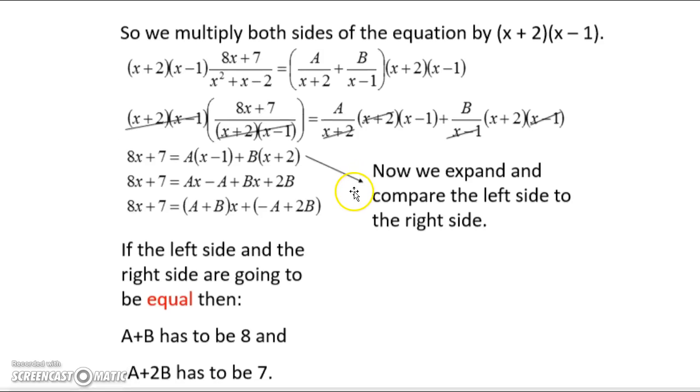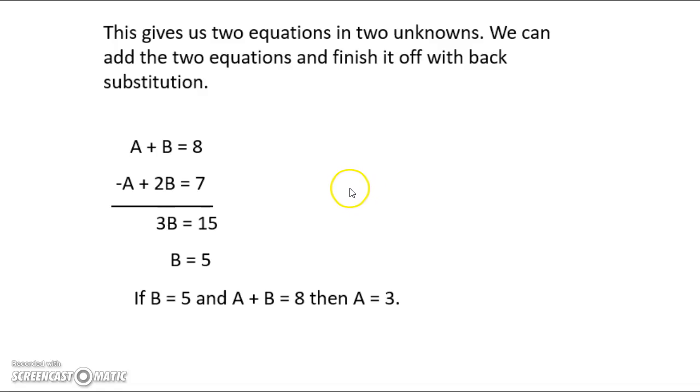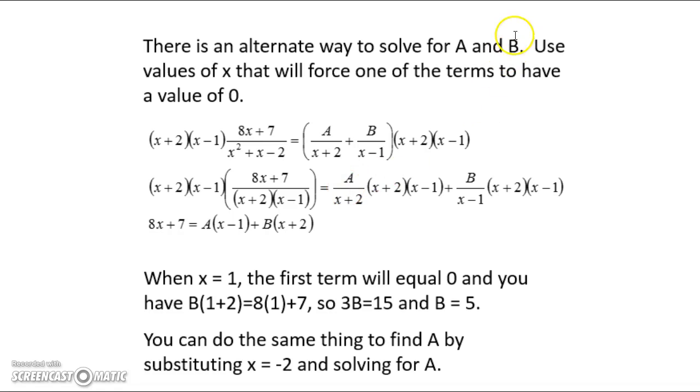So this process works. I will say that there is an alternate way to solve for A and B when you're dealing with two linear factors, and it's not a matter of multiplying A and getting Ax minus A and plus Bx plus 2B. I stop when I solve these this way, I stop right here.